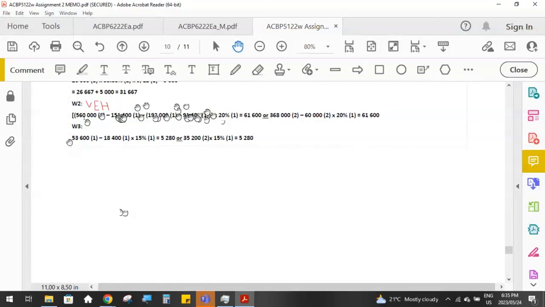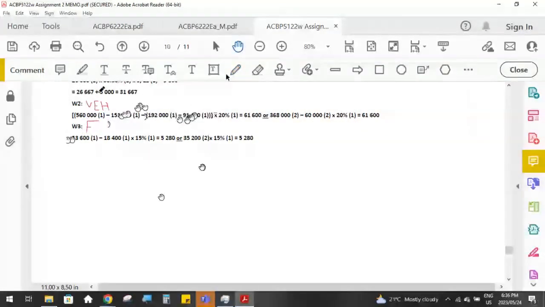And then workings 3 is our workings for furniture. So this is for furniture. Let's put an F there. And this is straightforward. We didn't buy or sell any furniture.